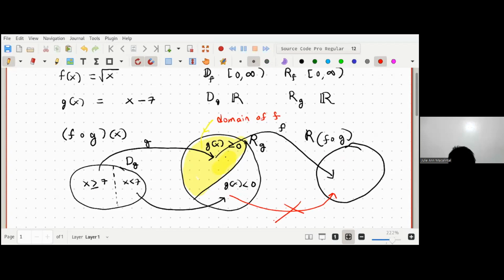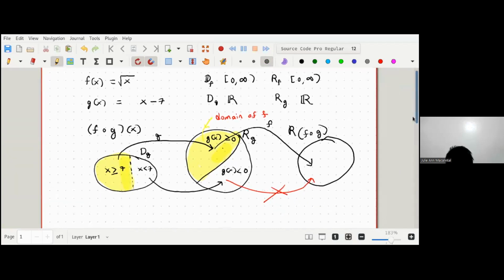So that means from the original domain of g, yung domain ng f circle of g has to be only here, yung highlighted. Kaya hindi pwedeng masama yung x is less than 7.